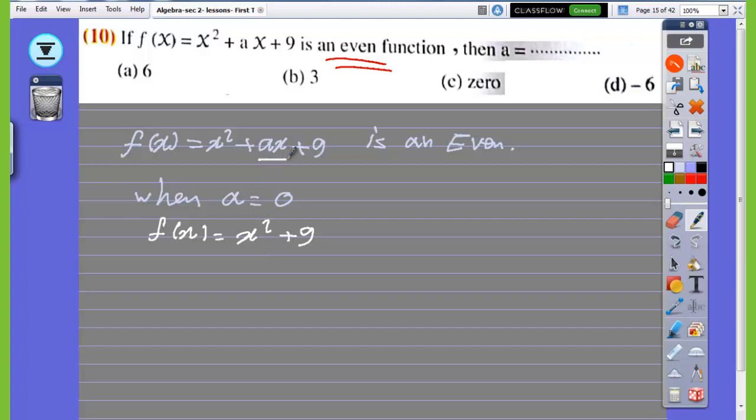So the middle term does not exist when a equals 0. And let us discuss this solution. When a equals 0, we have f of x equals x squared. So what is the domain?